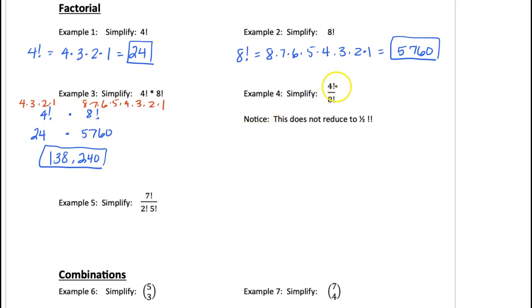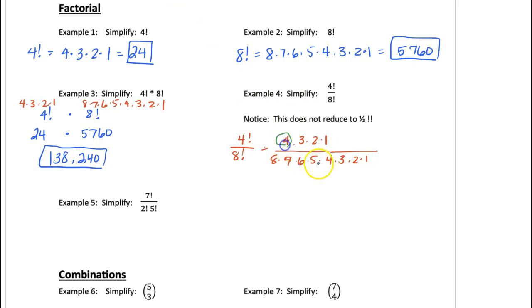In a similar way, 4 factorial divided by 8 factorial does not reduce to 1/2. We would simply write out our 4 factorial, 4, 3, 2, 1, all being multiplied, and 8 factorial, 8 times 7 times 6 times 5 times 4 times 3 times 2 times 1, and simplify individual factors.